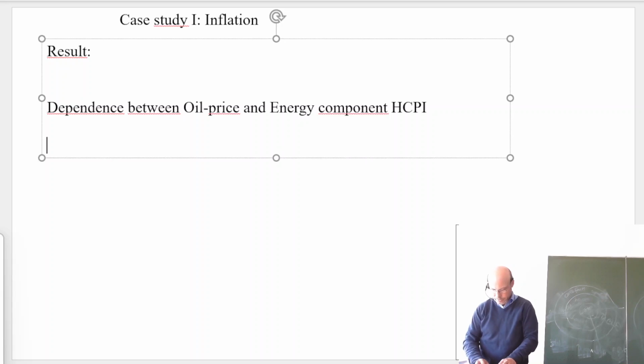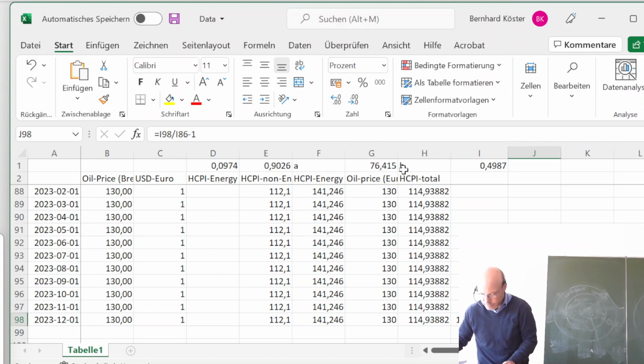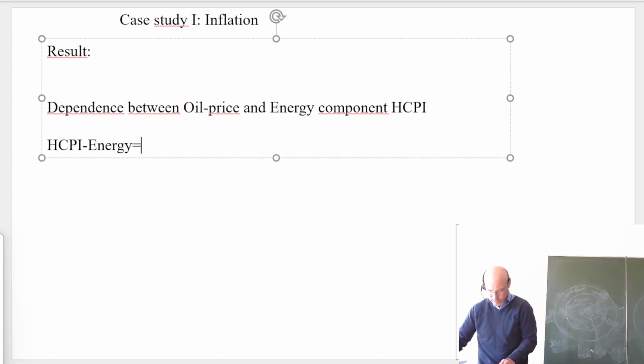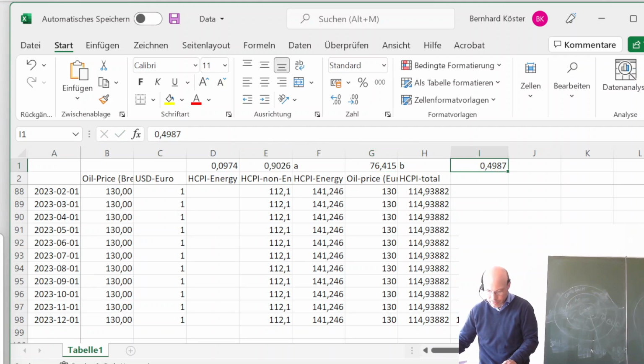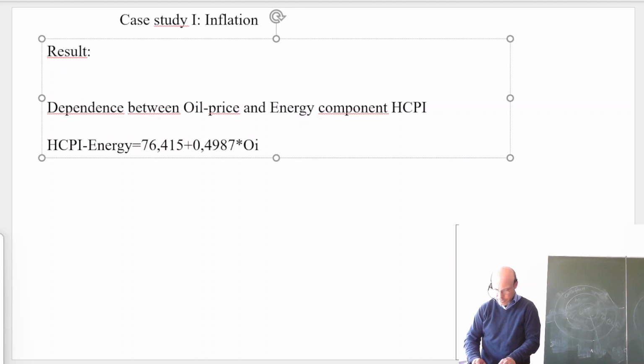This was HCPI energy equals, and what did we have? 76.415 plus 0.49 times oil price, and of course in euros.